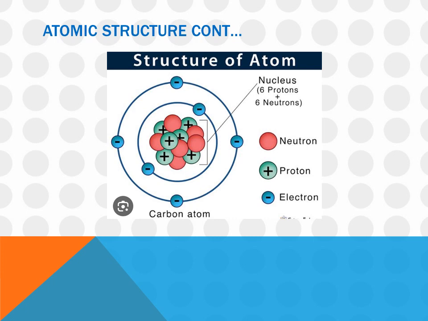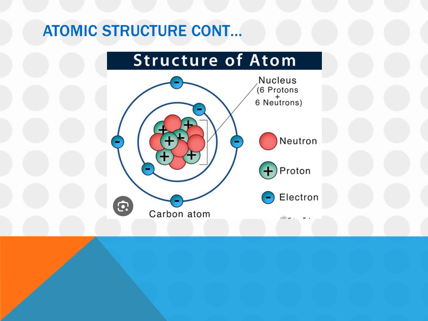Therefore, in this diagram, we have two layers, as I have said. The inner layer consists of the nucleus as a whole, and under the nucleus we have two substances. As you can see, there's a green one with a plus, the positive sign, and there are also red balls, and the red balls indicate neutrons.